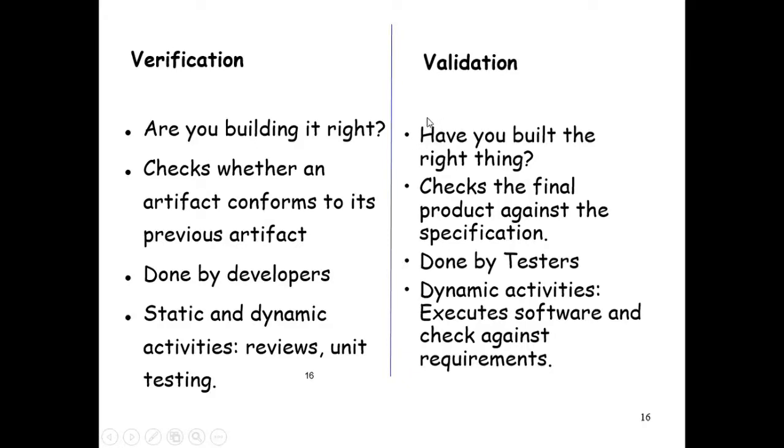Whether we have developed the right thing, whether it is in accordance with the requirement of the customer or not. It checks the final product against the specification. It is generally done by the QA team or the testers. Dynamic activities are involved, like executing the software and checking against the requirements.